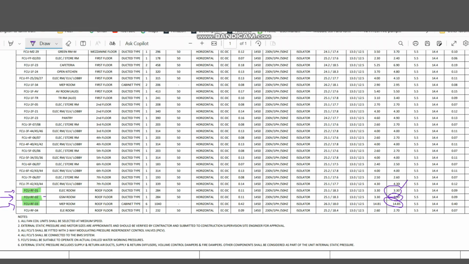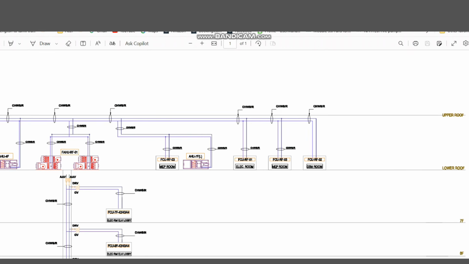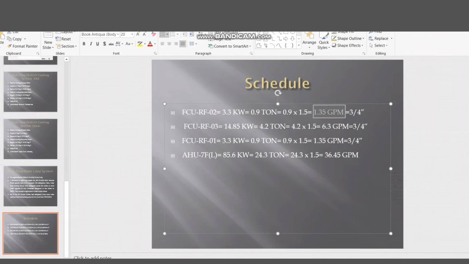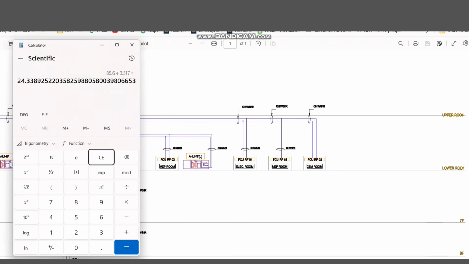Let's go to the diagram. We have RF2. So RF2 means 1.35 GPM. So let's add all the values. First 1.3 GPM, and we have one RF3 here. For the RF3 it is 6.3 GPM, so I will add 6.3 here plus 6.3 GPM, and again we have RF1, so again I will add 1.3 GPM, and we have one AHU.